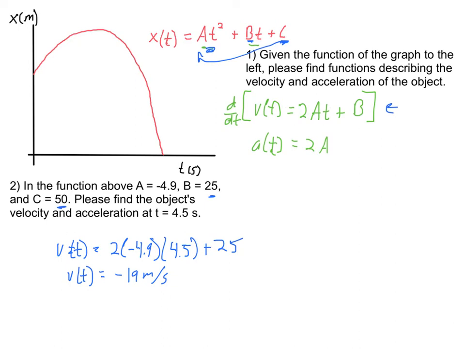And I end up with a velocity of negative 19.1 meters per second. Using significant figures, that has to become negative 19 meters per second. And now for the acceleration, well, that's pretty easy also, right? That's just 2 times a, which is negative 4.9. So that gives me an acceleration here of negative 9.8 meters per second squared.